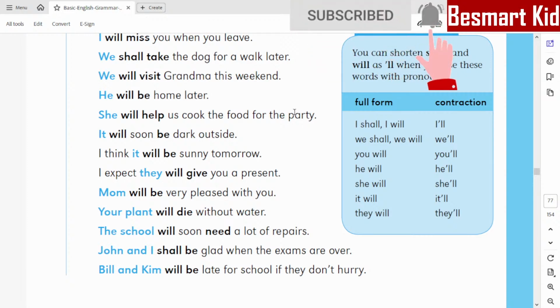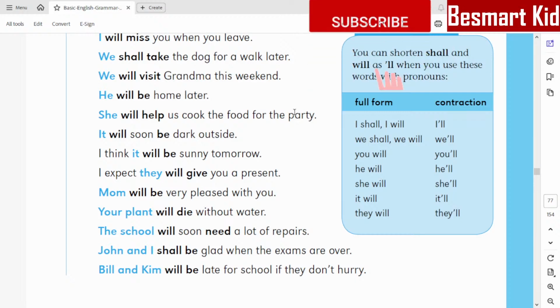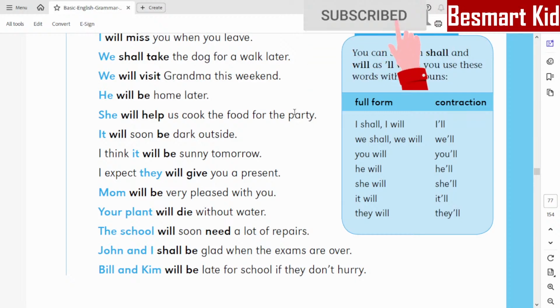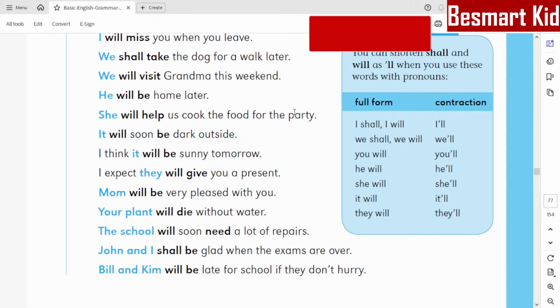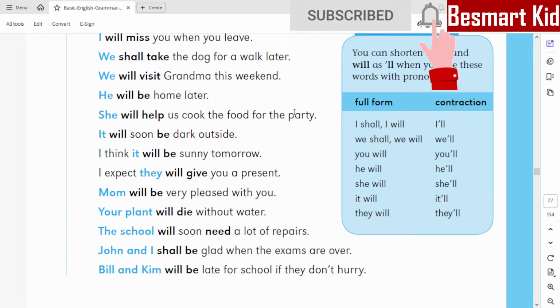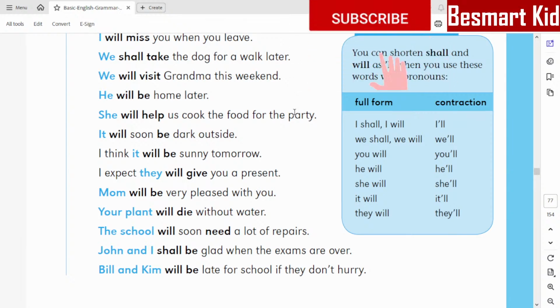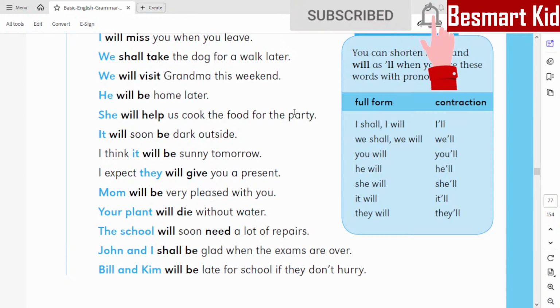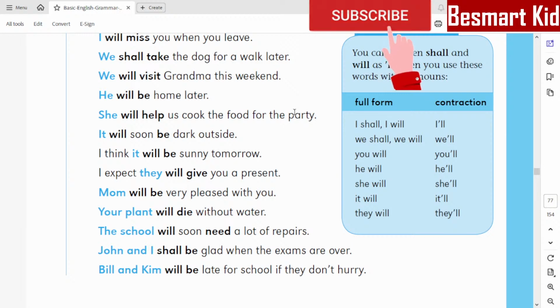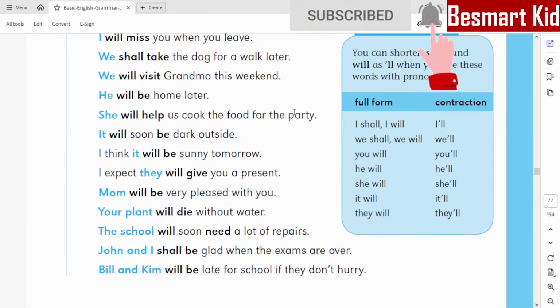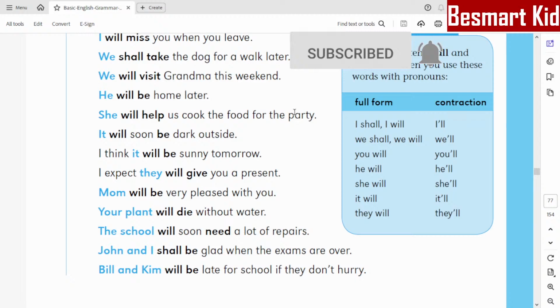I think it will be sunny tomorrow. I expect they'll give you a present. Your plant will die without water. Our school will soon need a lot of repairs.